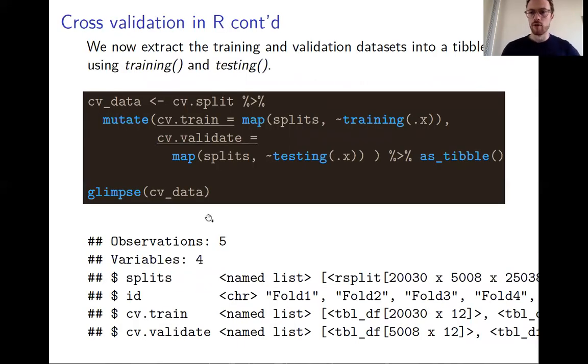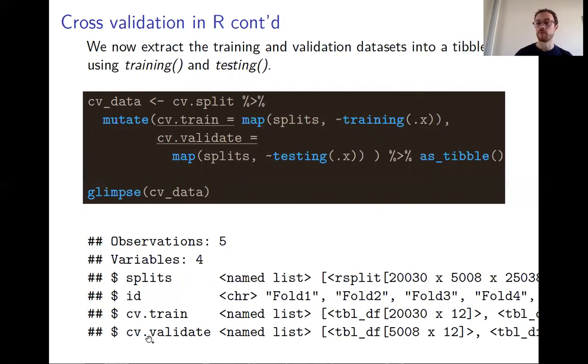So now we can see how the approach that we discussed earlier, where we just map over different data sets that are stored in a column, becomes very handy here. Because now what we want to do is estimate the same model on each of these training data sets and then validate it on the validation data sets.